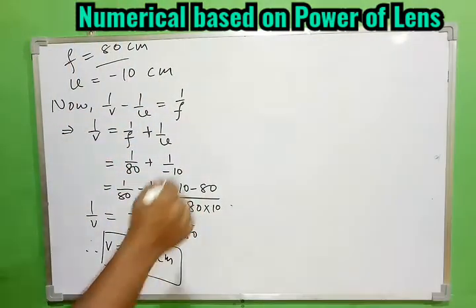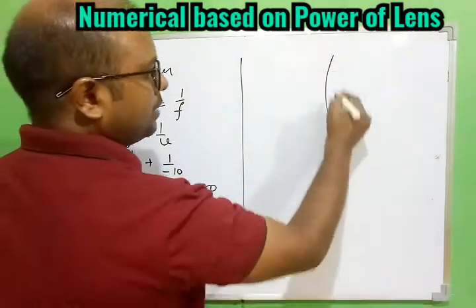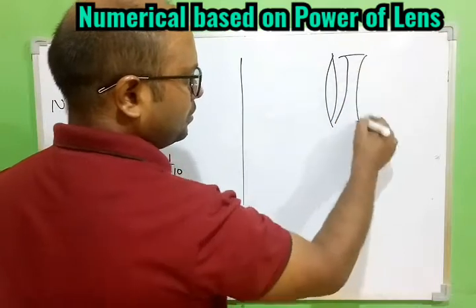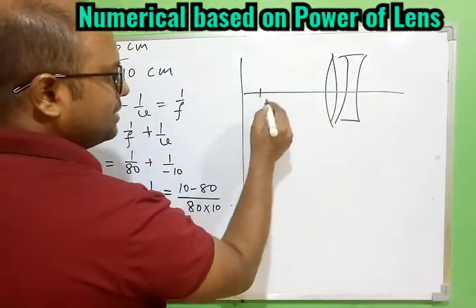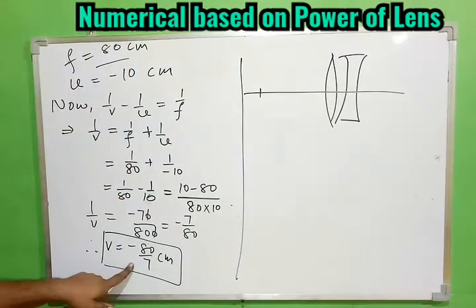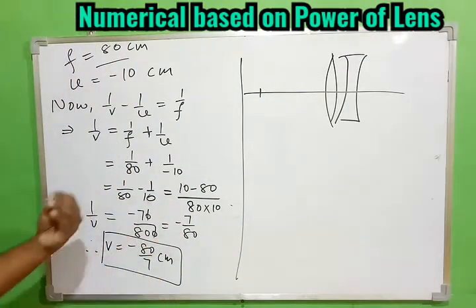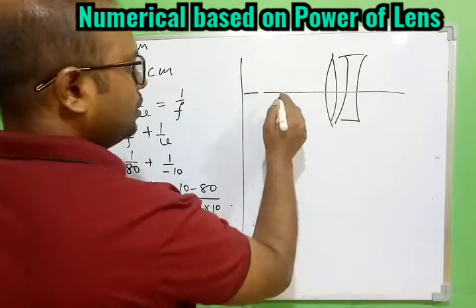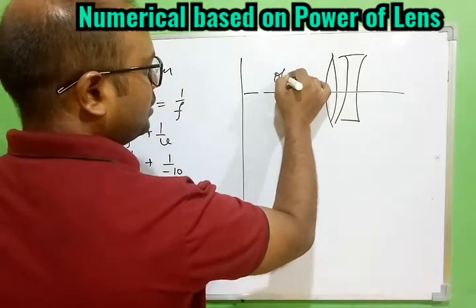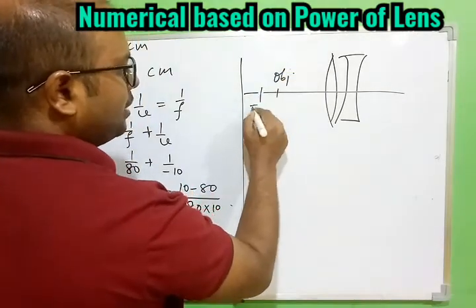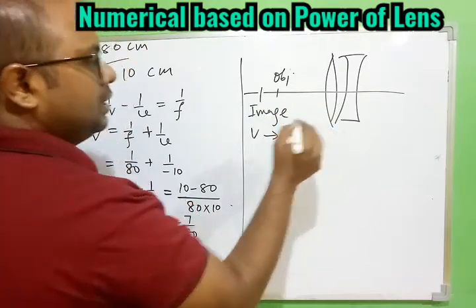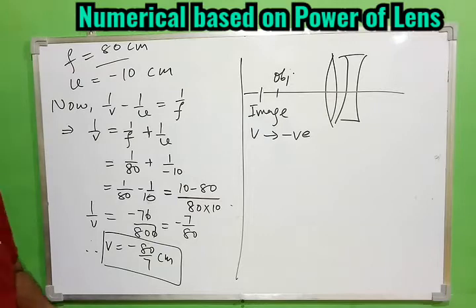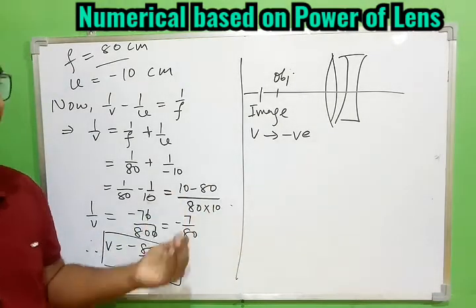So what is to be done? We understood here, that is, if you have the lens, combined lens, whatever, if the object is here how much? At 10 centimeter, and image is coming at 80 by 7, that will be beyond 10 somewhere, yes or no? So if the object is here, image is somewhere here, because v is coming negative, and we know if v is coming negative, image is forming this side.